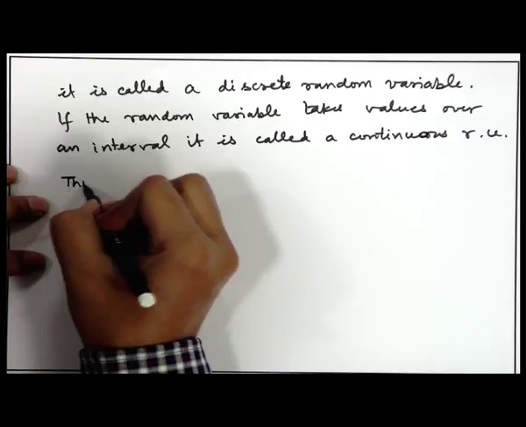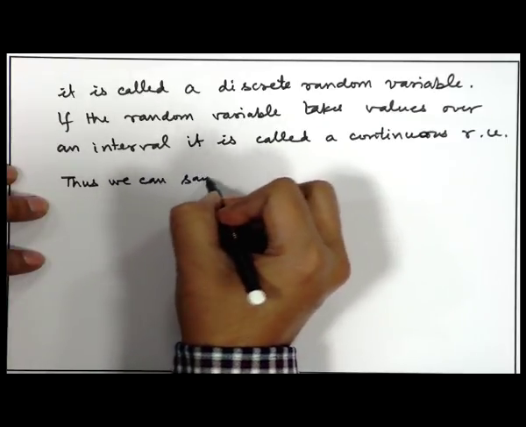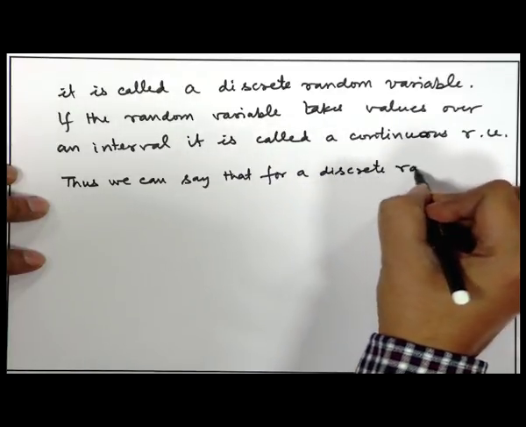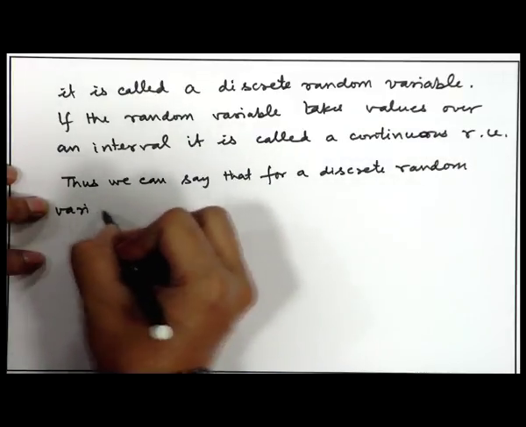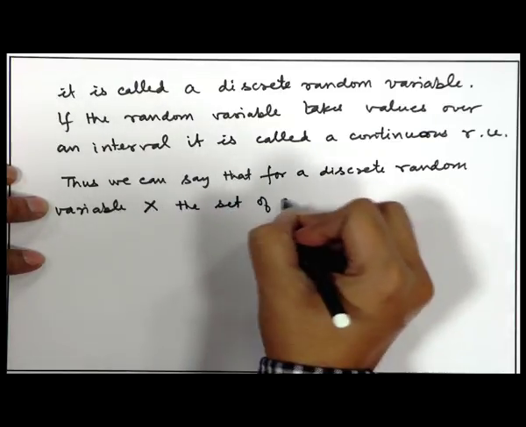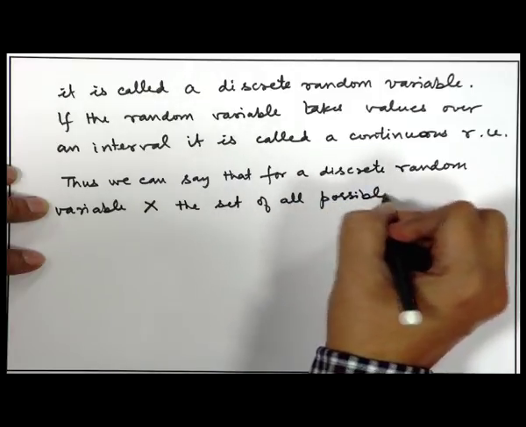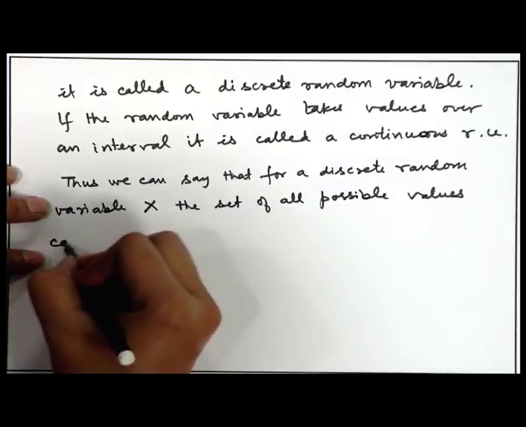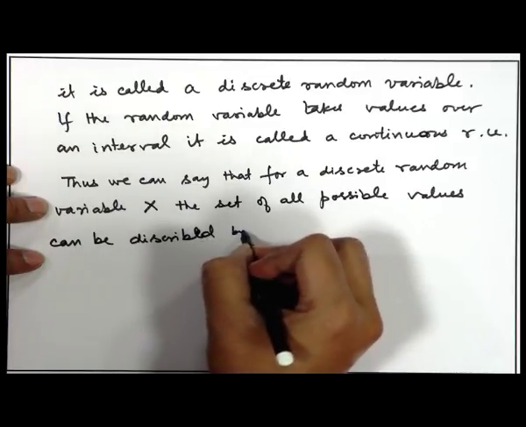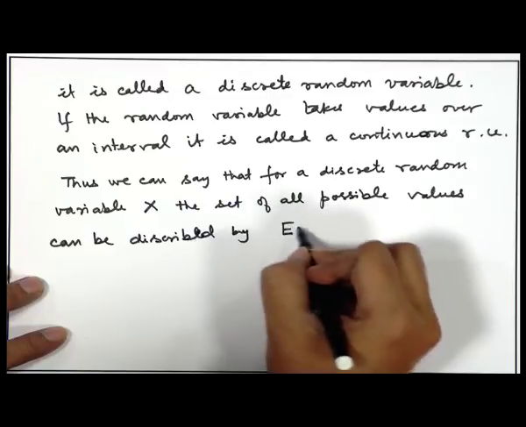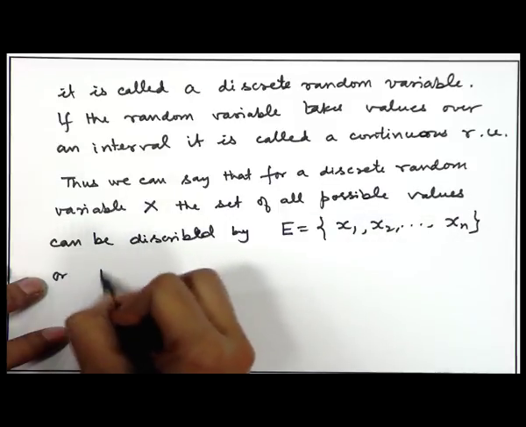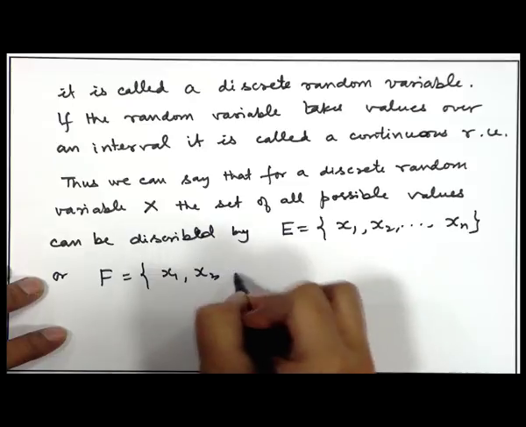Thus we can say that for a discrete random variable X, the set of all possible values can be described by, so I will use some notation, say E is equal to {x1, x2 and so on xn}, or {x1, x2 and so on}.